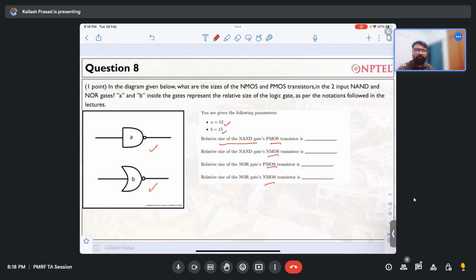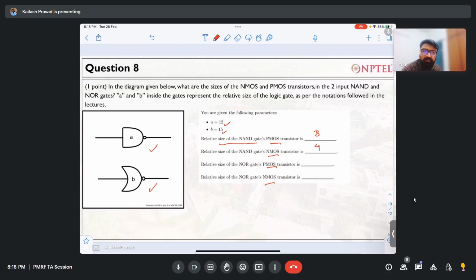Other students can also try. So 2 by 3 into 12 for PMOS, it is 8 for the NAND gate, and 1 by 3 into 12, that is 4. So for the NAND gate it will be 8 and 4, 8 for PMOS, 4 for NMOS.